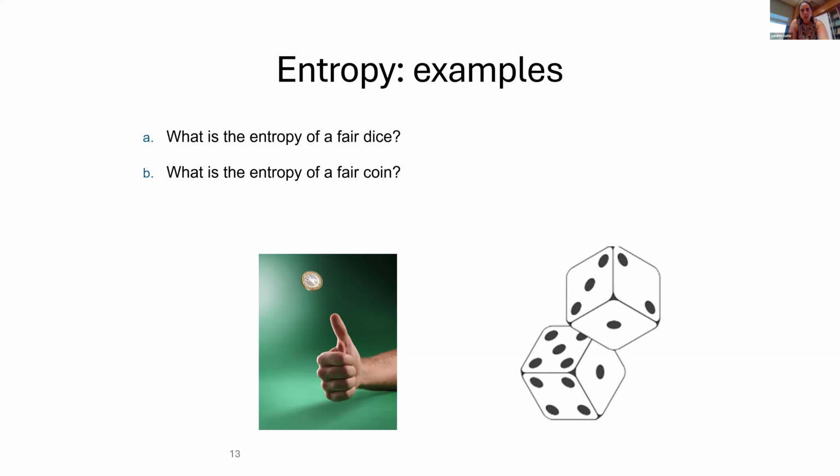Log 2 of 6 is 2.6. So this equals 6 times 1/6, which is 1, and then you have the minus, you put it in, and it's log 2 of 6, right?